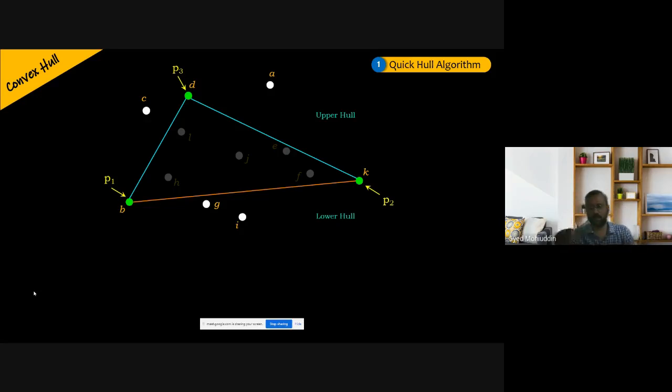So we have to forget about that. Now this P1 and P3, again there is a line segment. We divide that into upper hull and lower hull. Then we try to form a triangle. Now there is only 1 point here in the upper hull.